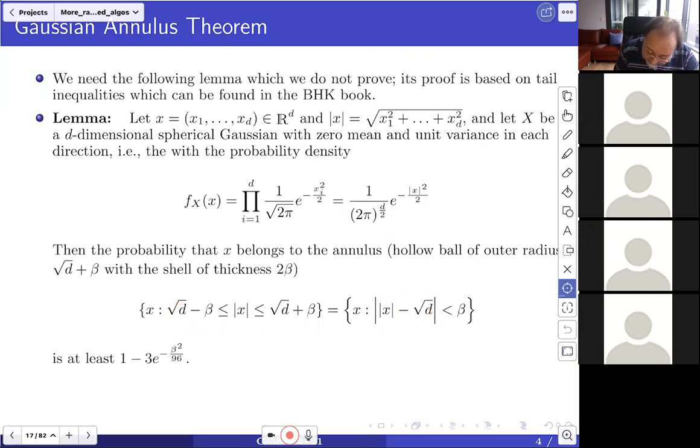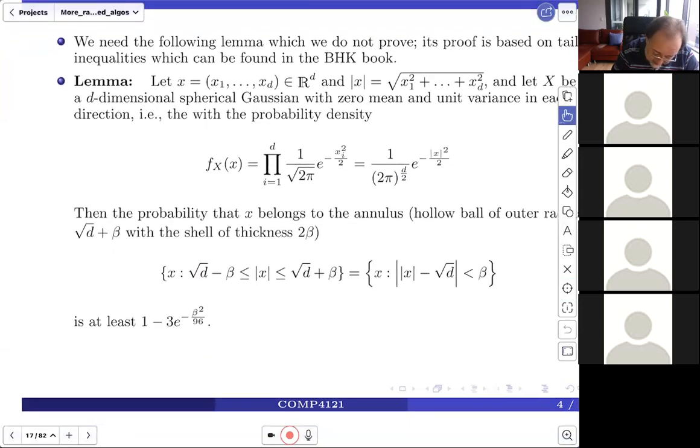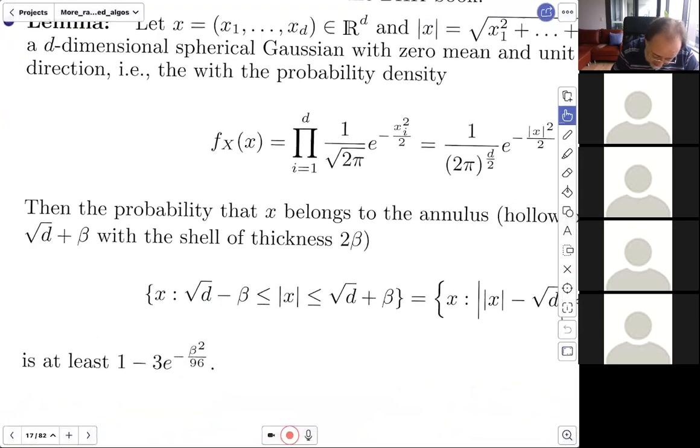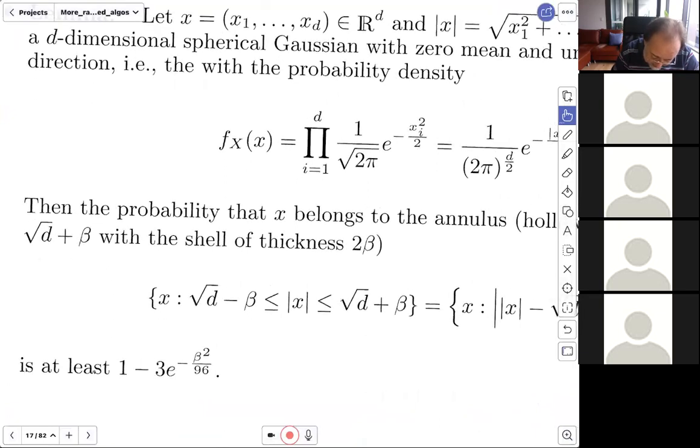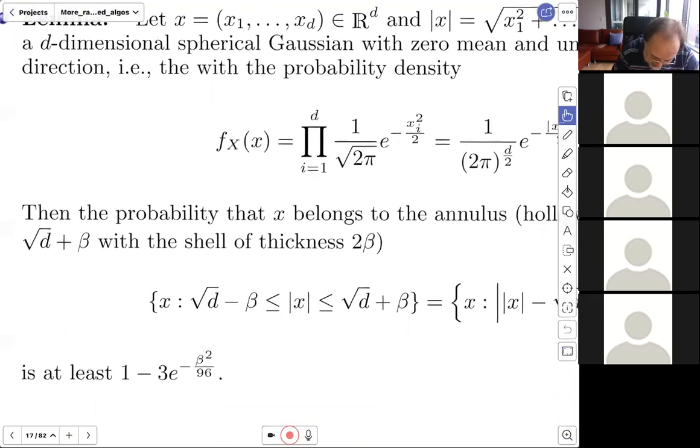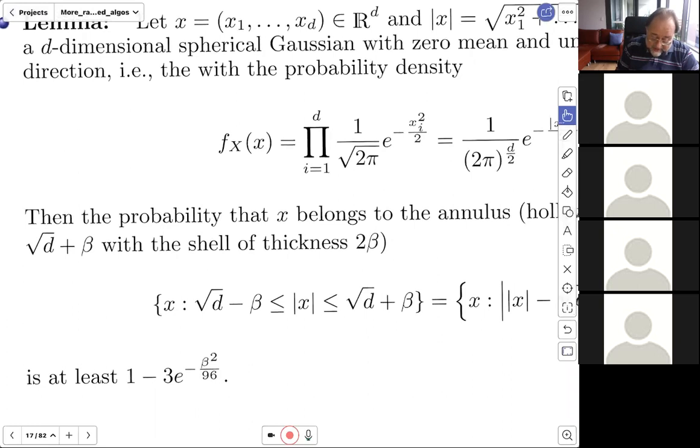Well, this difference will be smaller than some constant beta with a probability that is at least 1 minus 3e to the minus beta squared divided by 96. If you are curious why 96, you would really have to suffer through the proof and see from which constants it comes.